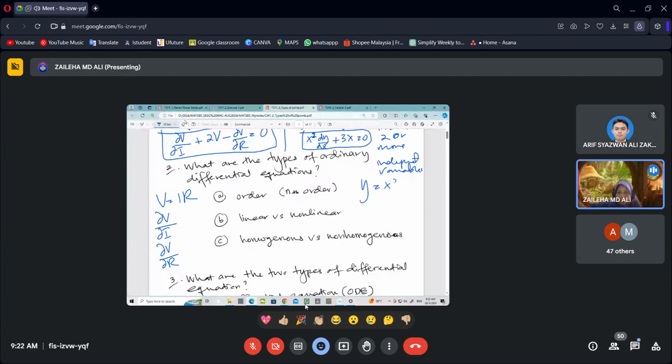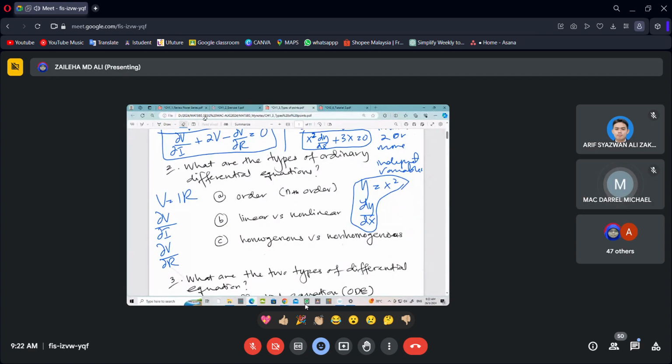Tetapi apabila kita ada one independent variable, kita hanya ada dy dx, betul tak? Terhadap x saja. Ada tak boleh dy dz untuk yang ini? Tak ada sebab independent variable kita x. So yang ini sahaja yang kita boleh buat. Second derivative ke third derivative ke melibatkan hanya x sahaja. Are you okay?